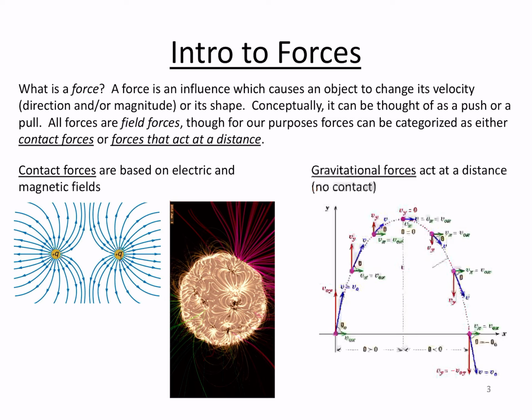And when you're talking about a projectile, and here's a diagram over here of a projectile's trajectory and all the horizontal and vertical bits of its velocity that I've borrowed from somewhere, okay? The only force acting on that projectile, in our ideal projectile model, is the gravitational force, which causes that constant gravitational acceleration when we're near the surface of the Earth. Okay? So gravitational force, our only force at a distance.